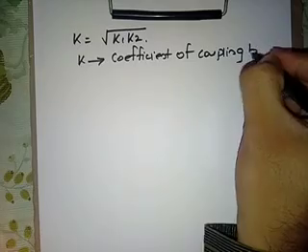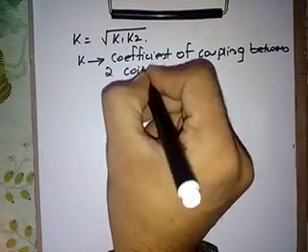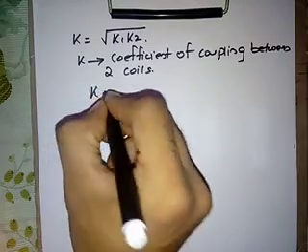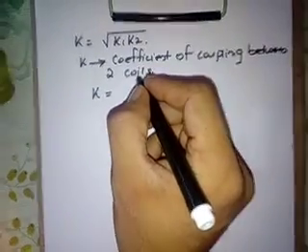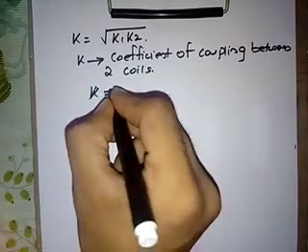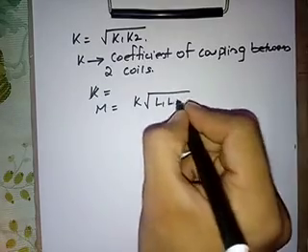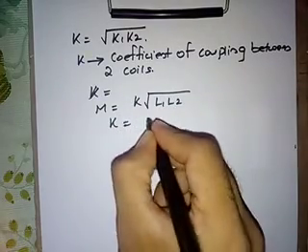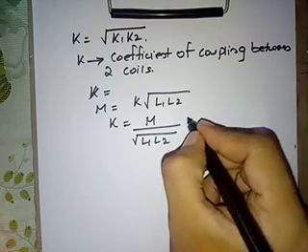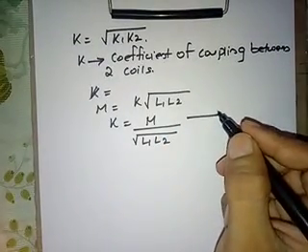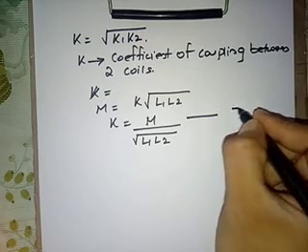Hence K is square root of K1 K2, therefore M will be equal to K into root L1 L2, or K will be equal to M divided by square root of L1 L2. Let us take it as equation 7.